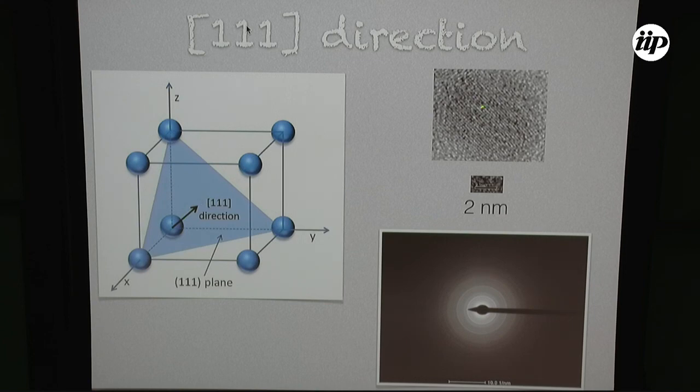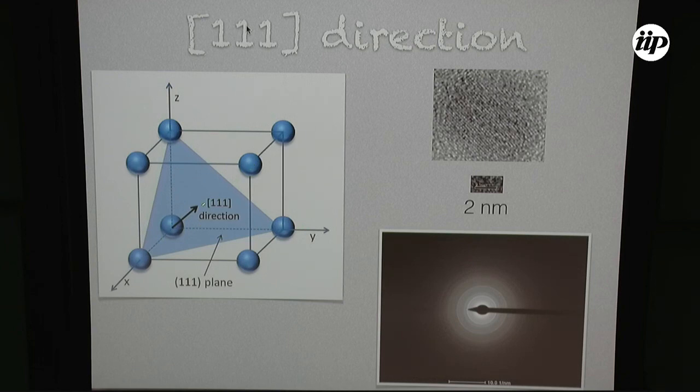This is what you see in electron microscopy. 2 nanometers is this scale here. So basically, we are saying that we have this type of structure in the particles in the magnetic colloid. The magnetic moment is along this direction.